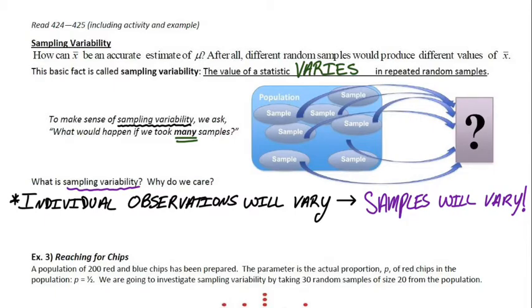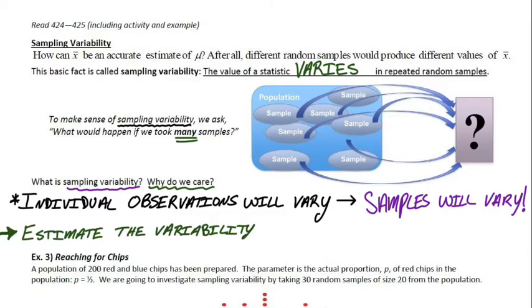To put that in context, if I'm observing the mean height of a student at Lake Park, we know that individual people are going to be different heights. Therefore, whatever random sample I do, we could see different average heights for each sample. So why do we care? Well, we need some way to estimate the variability. The variability of what?